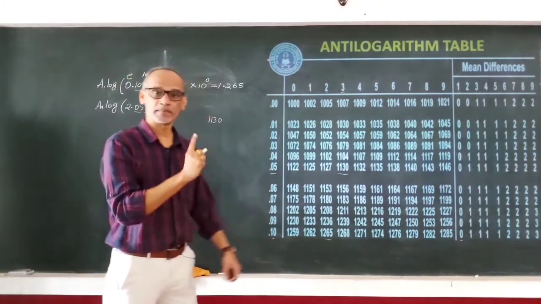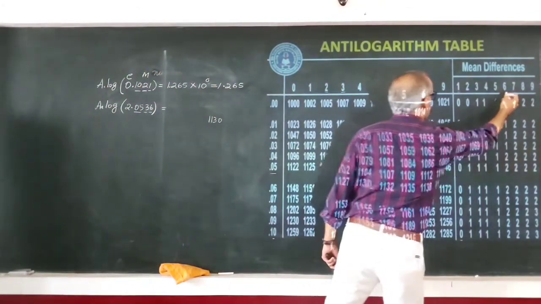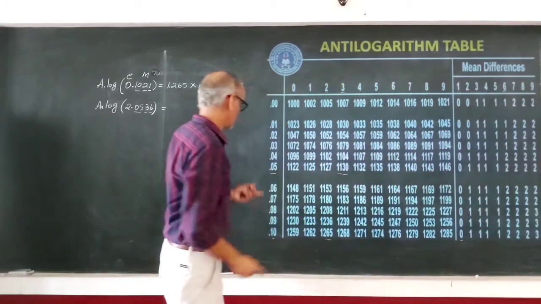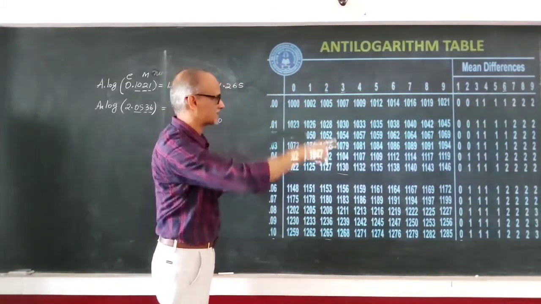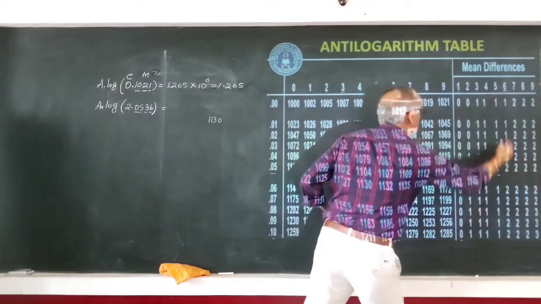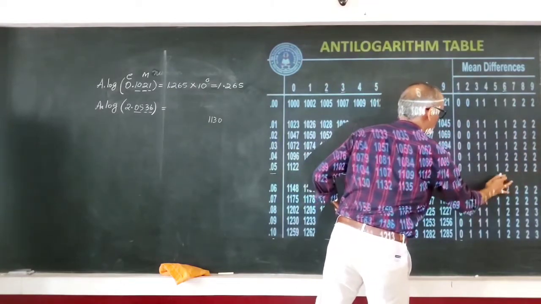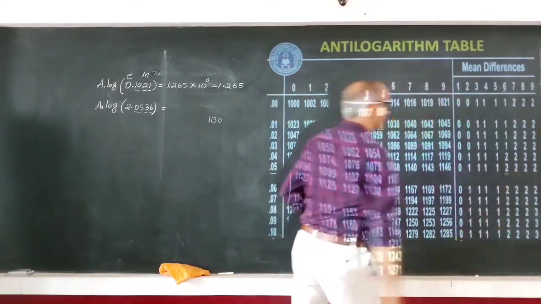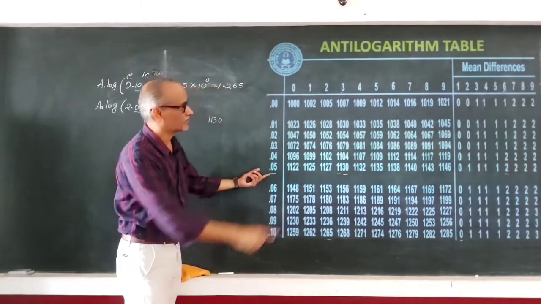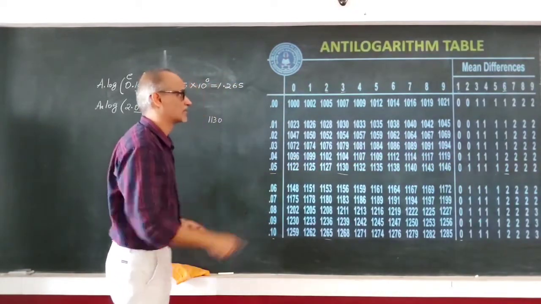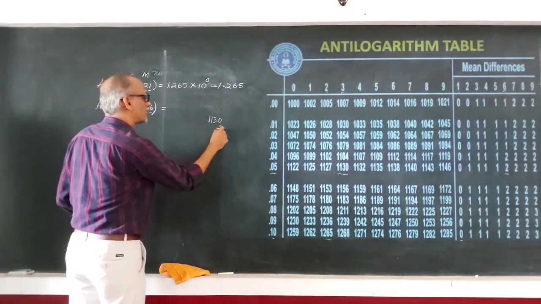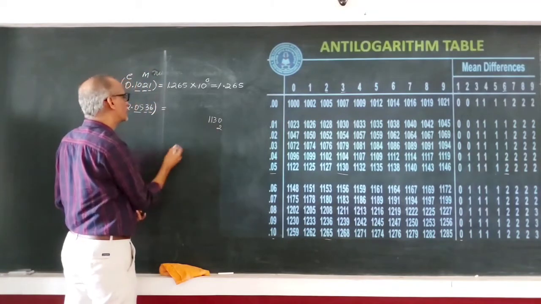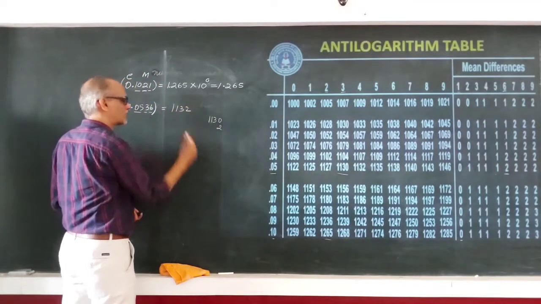And that you have to search from the mean difference, which is here, 6. So see this, 0.05 and then 6, they intersect at 1. See here. Sorry, not at 1, it is at 2. So 0.05 and that 6 intersect at 2. So 2 is the mean difference, which is to be added at the end, and that will give you 1132. So write that first, 1132.